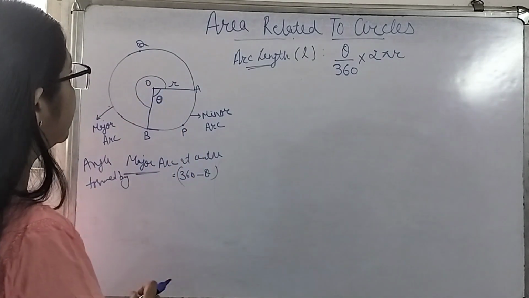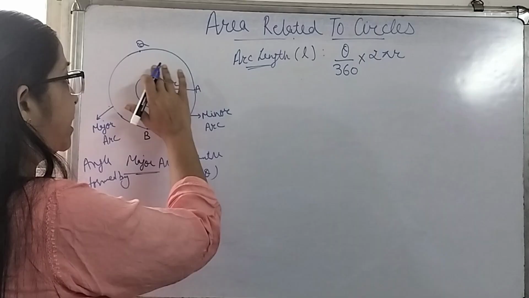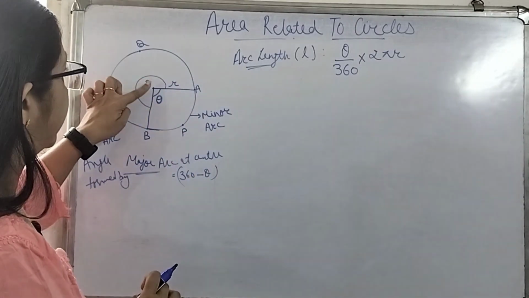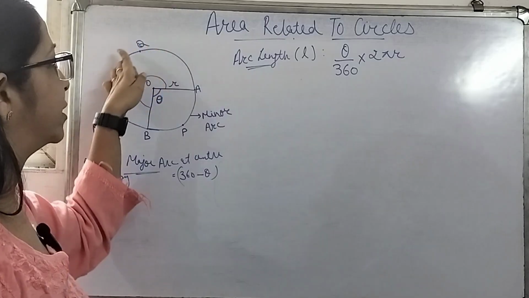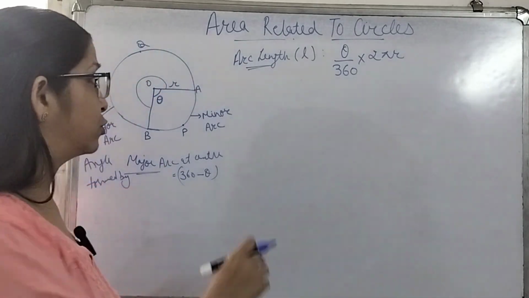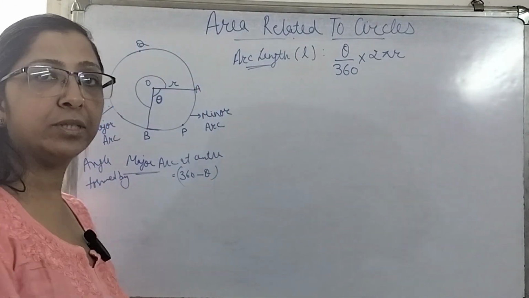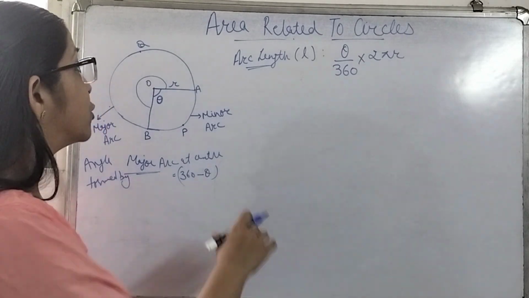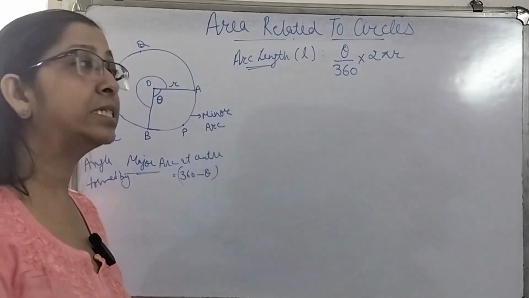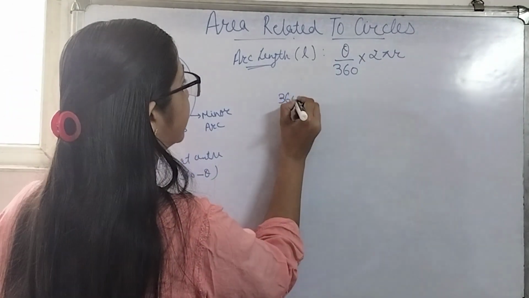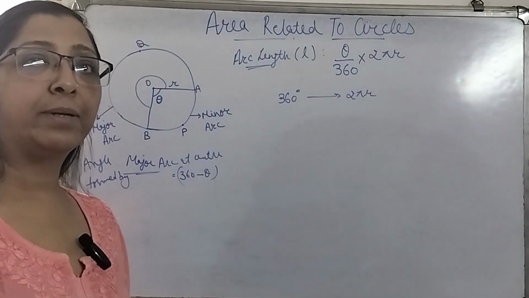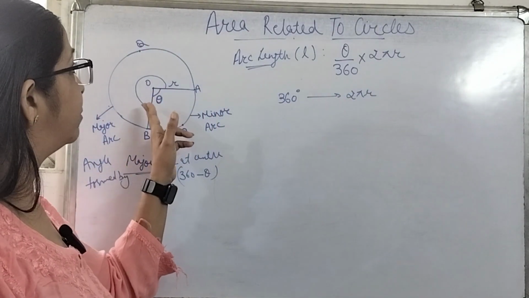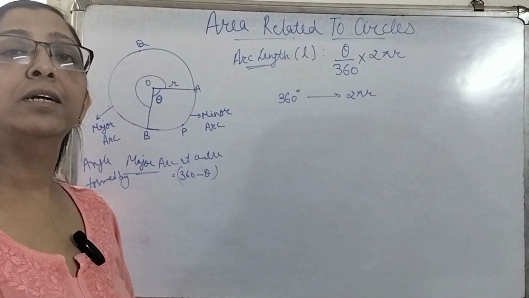We know that if the complete angle is 360 degrees, then the total arc length is 2 pi r, which is the circumference of the circle, as we discussed just now. So by the unitary method, we can find the arc length if the angle is theta.